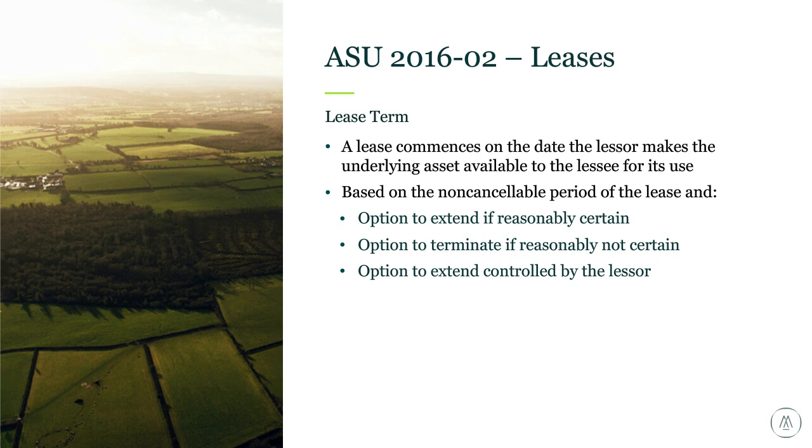And keep in mind, it's no longer enforceable if both parties can terminate without any sort of substantial penalty. If there's a cancelable lease and only the lessee can terminate, it is considered to be an option and would be considered in determining the term up above and the likelihood of exercising that option. If only the lessor can terminate, it gets included as part of the lease term.